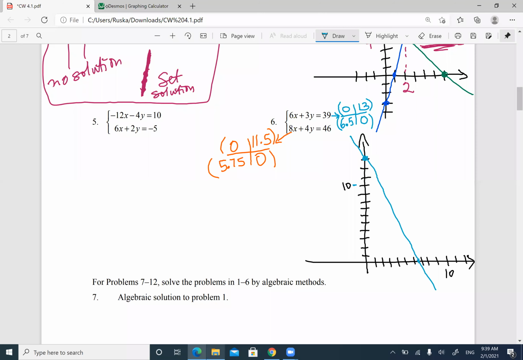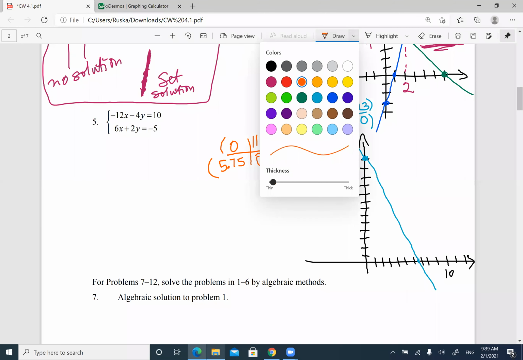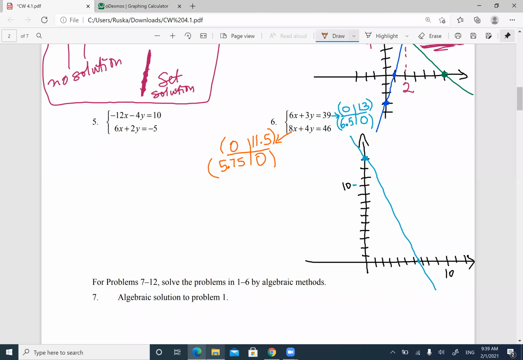And then we're going to grab the second line, which has coordinates (0, 11.5). So it's over here. And then 5.75. Okay, and where they cross.